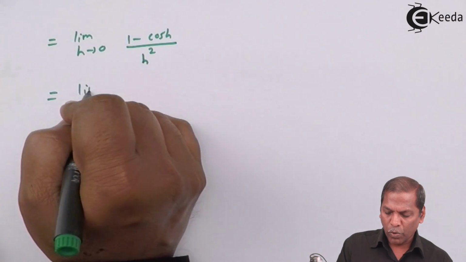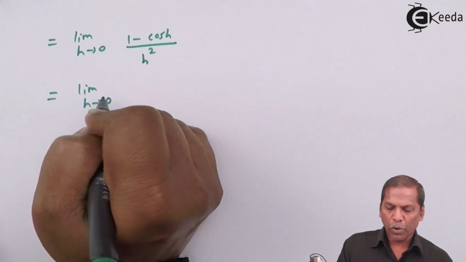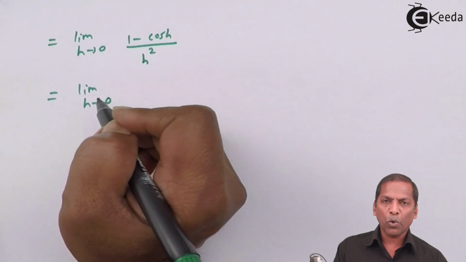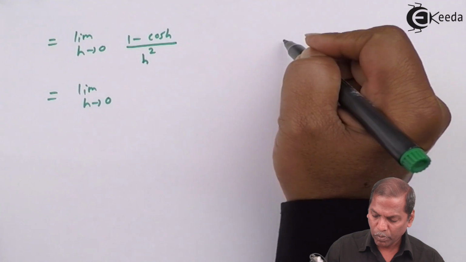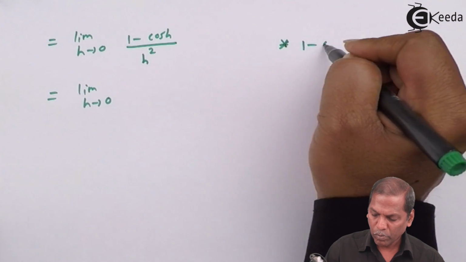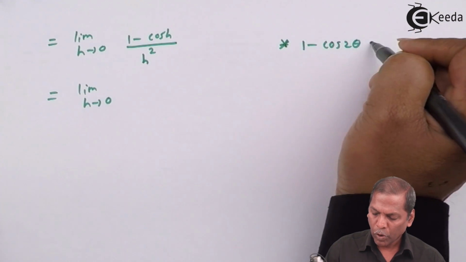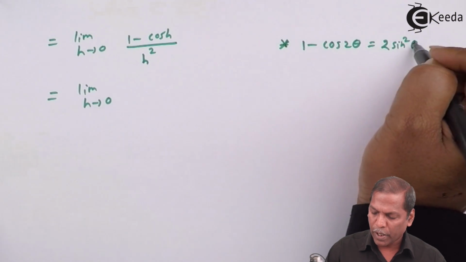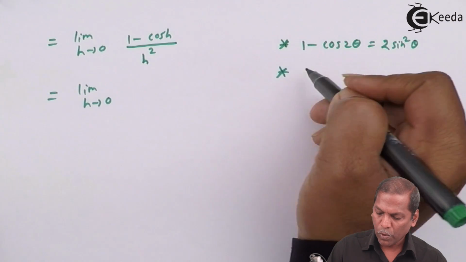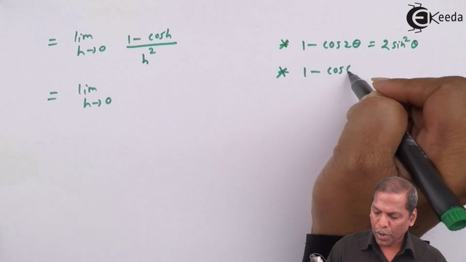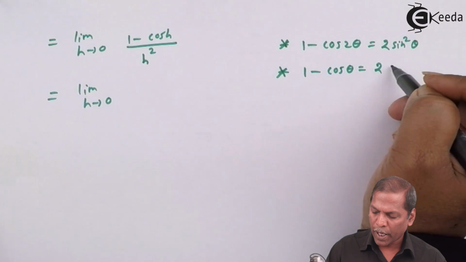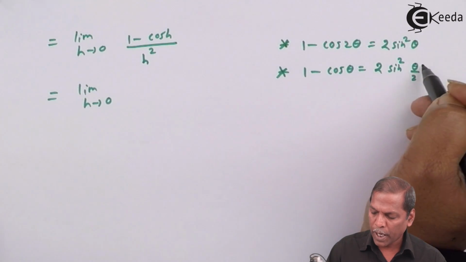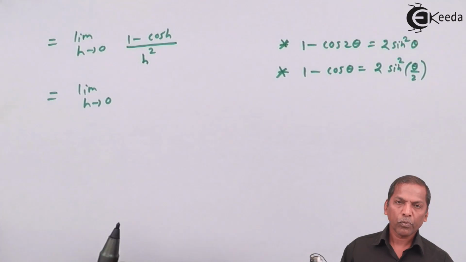Now that is equal to limit h tends to 0. Now here we use the trigonometric formula that 1 minus cos 2 theta gives us 2 sine square theta, and therefore 1 minus cos theta gives 2 sine square (theta by 2).